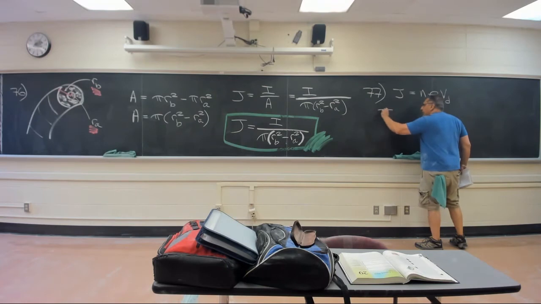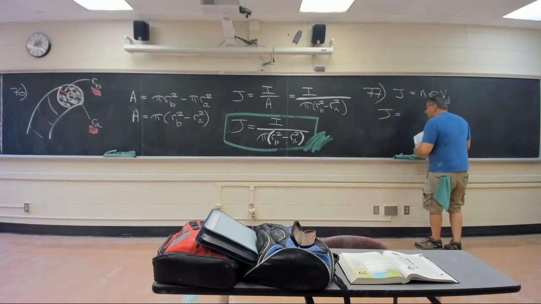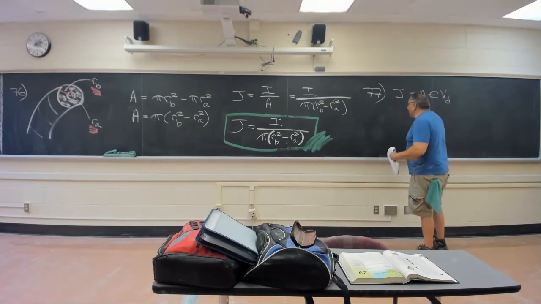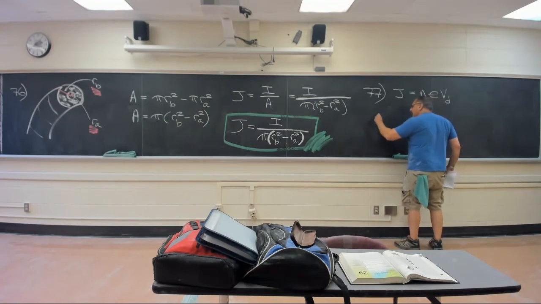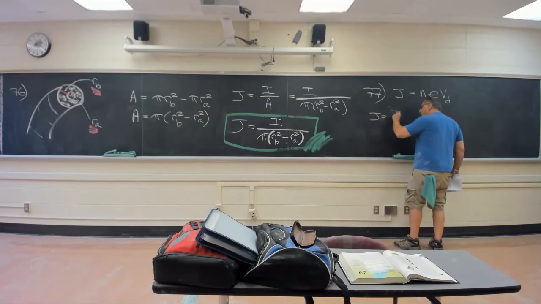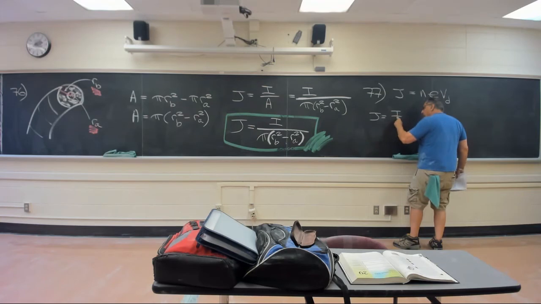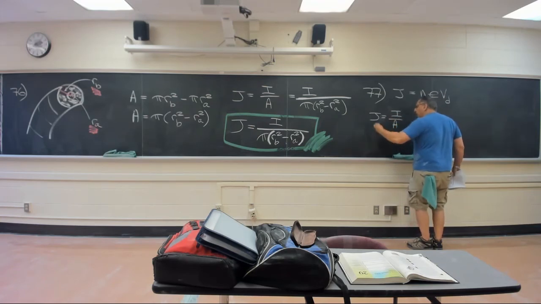We're trying to get J, which is equal to the current per cross-sectional area.